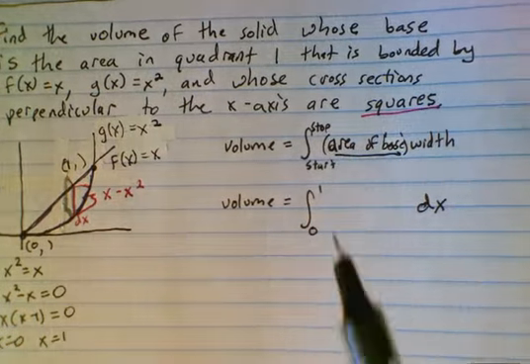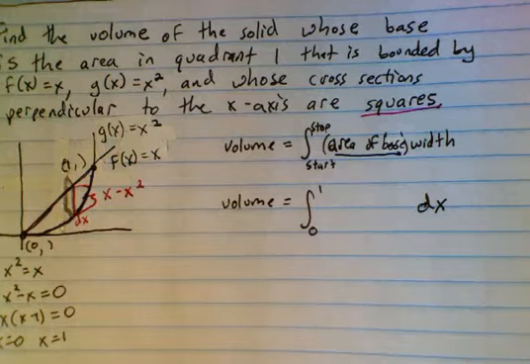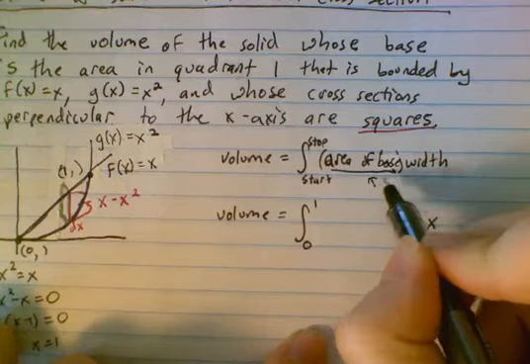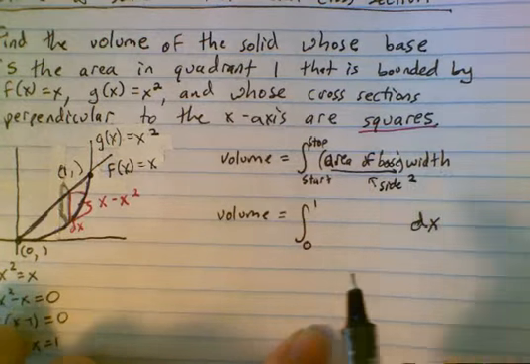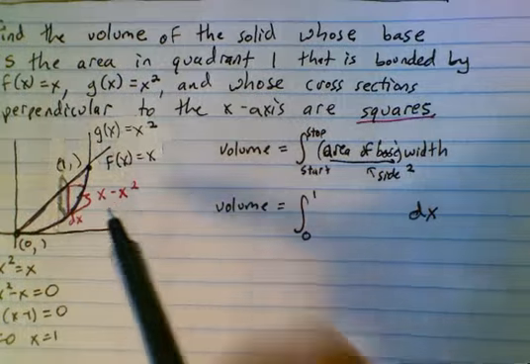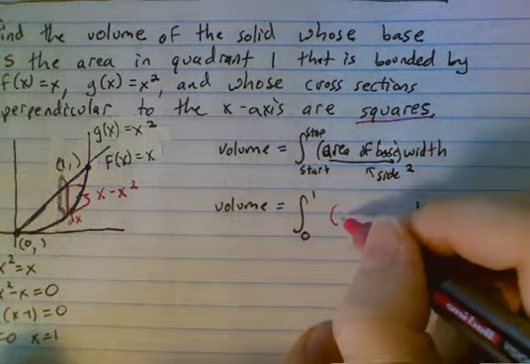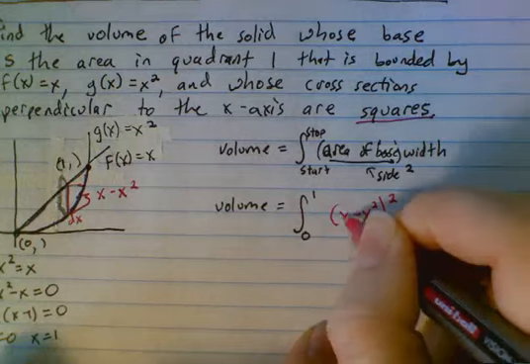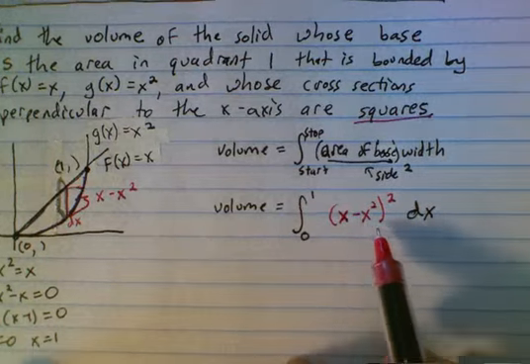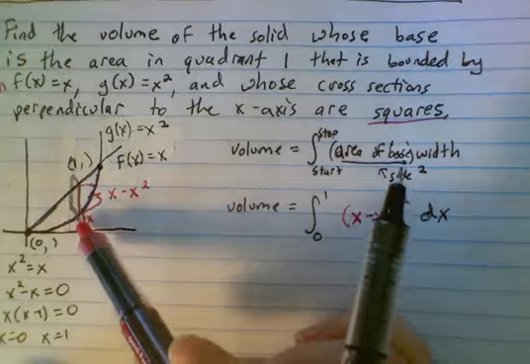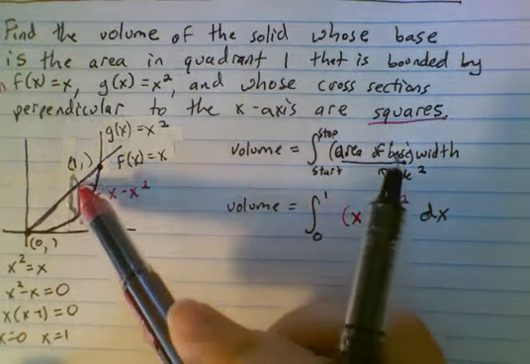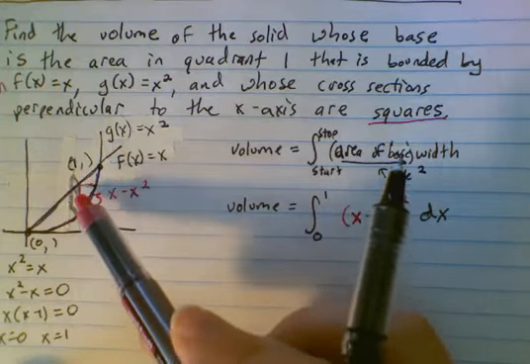What's the area of this base? Well, I know what the area of a square is. It's just side squared. And I know that my side is this x minus x squared. So where this is coming from is I'm saying that the area of this square here is side squared, and I know this side is this little height that we found when we were doing area.